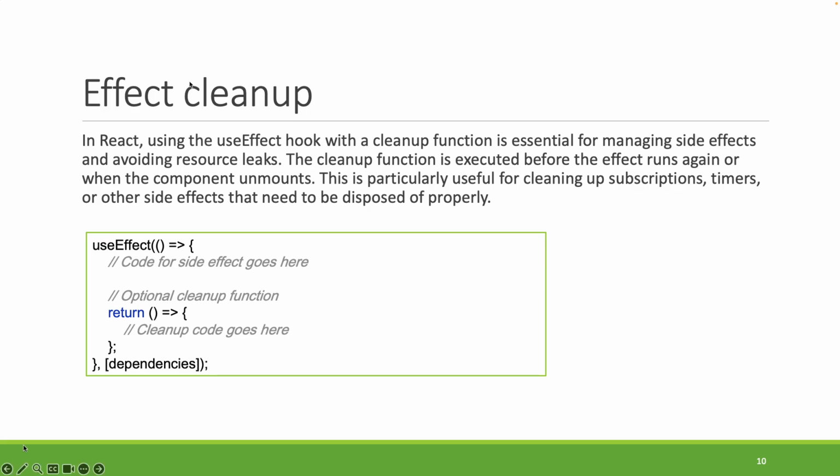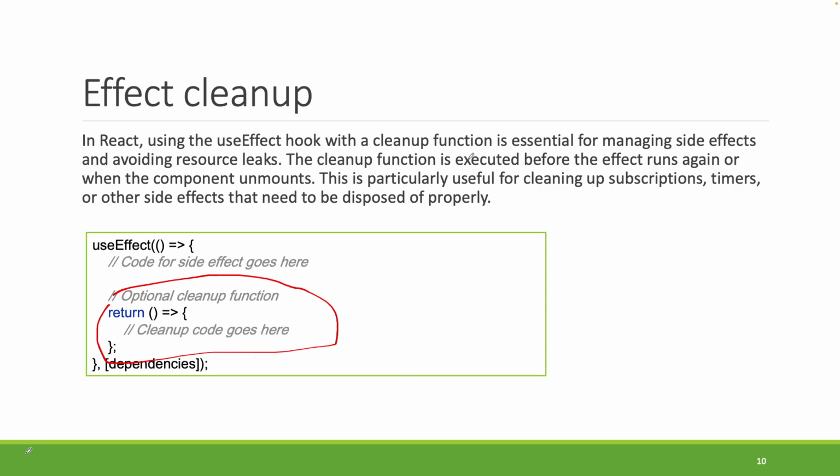And the last one we'll talk about is the cleanup, which is this one. You can optionally have a cleanup function in React. When we use the effect hook with a cleanup function, it is essential for managing side effects and avoiding resource leaks.